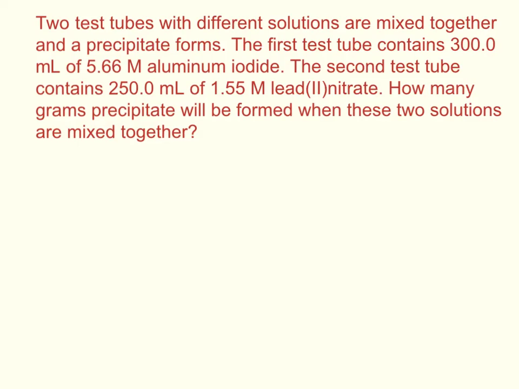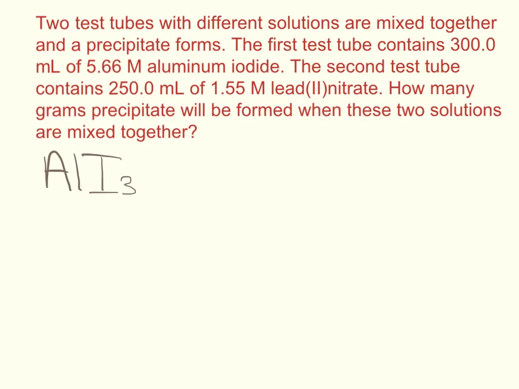Alright, so this question here can be further complicated if we asked you to calculate the amount of grams of excess reagent. So our excess reagent in this question, if you'll remember from the previous video, was aluminum iodide.